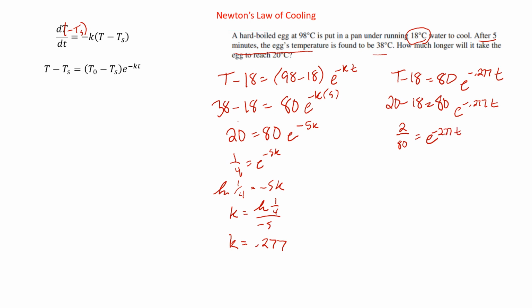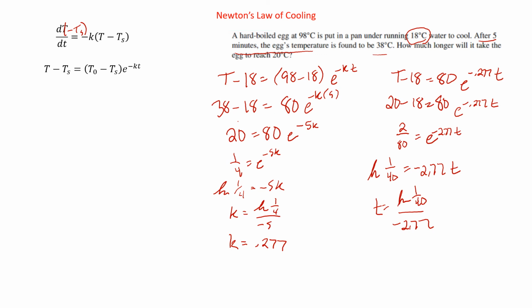2 over 80 is 1/40. We're going to take the natural log of both sides, and divide by that negative 0.277. So t will equal natural log of 1/40 over negative 0.277.